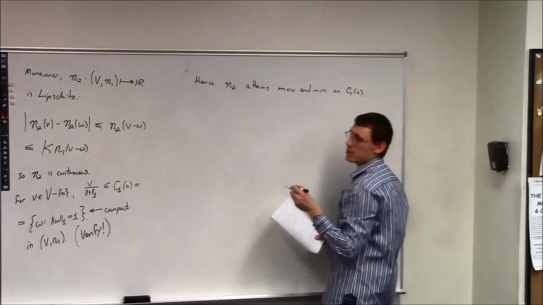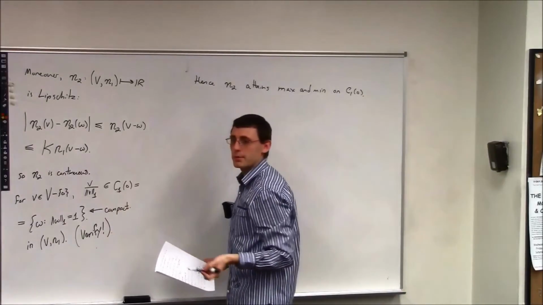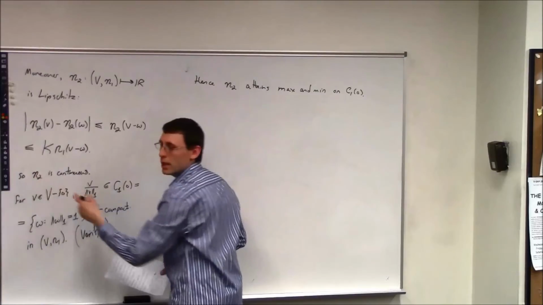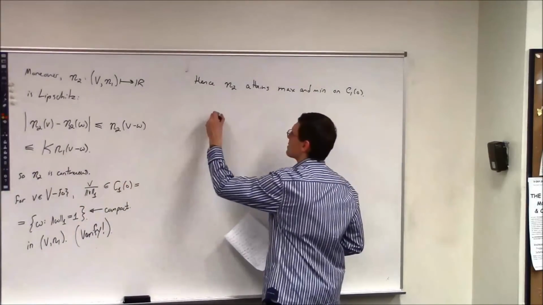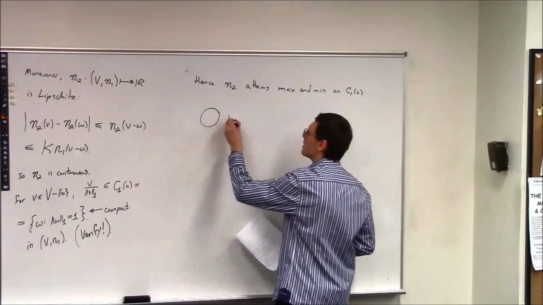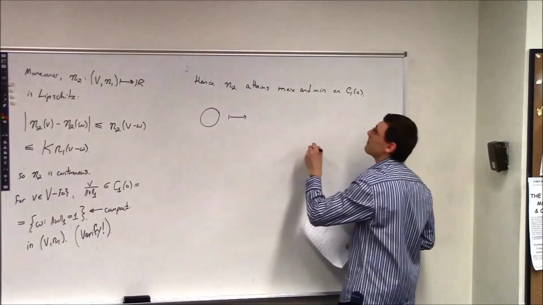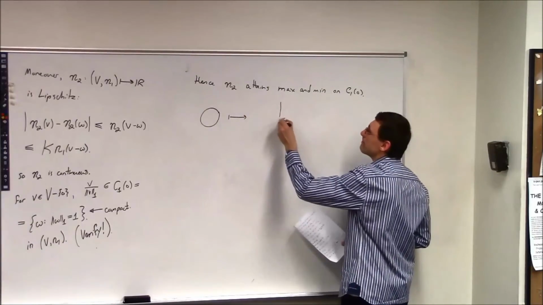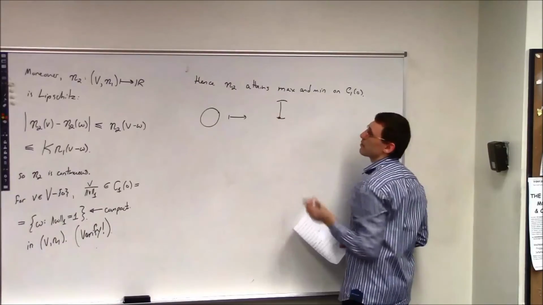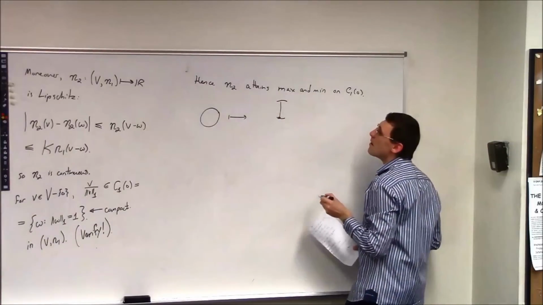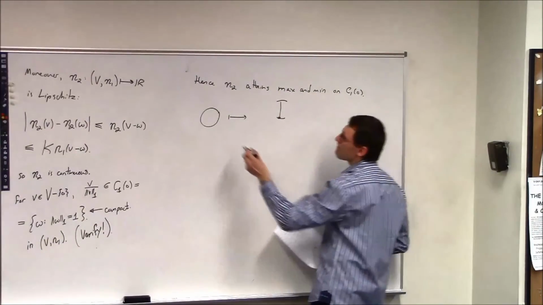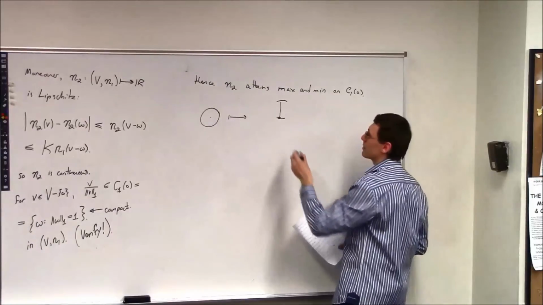So basically, on the circle, there is a maximum and minimum. This map N2 basically takes the circle and maps it to some interval, and somewhere there is going to be a minimum. That's the picture of it.